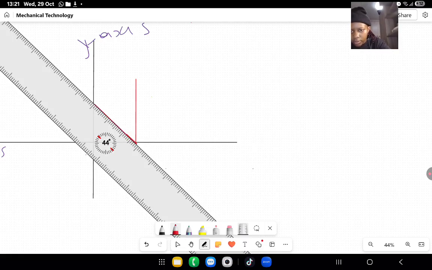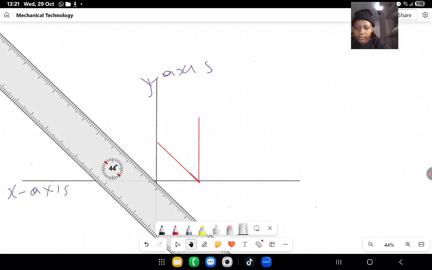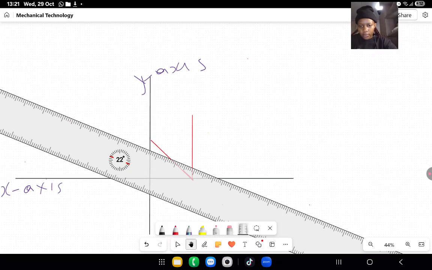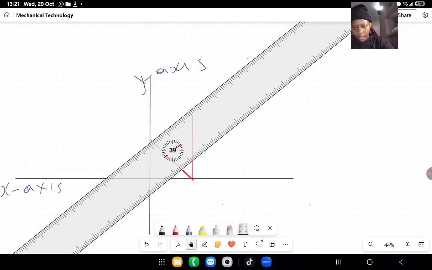If our tension goes that side, then we have another one which goes like this.